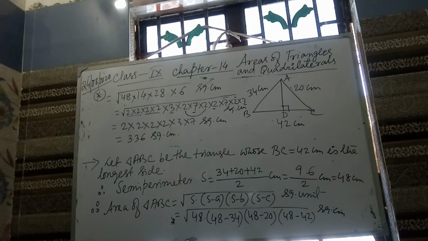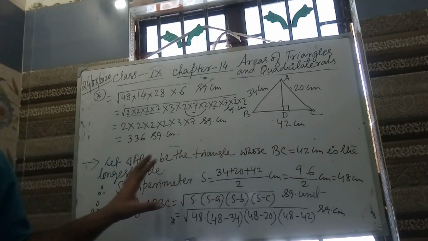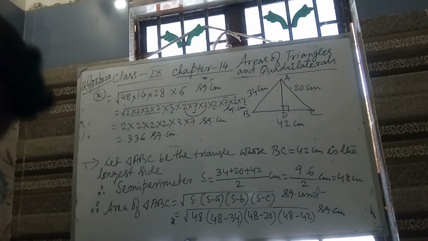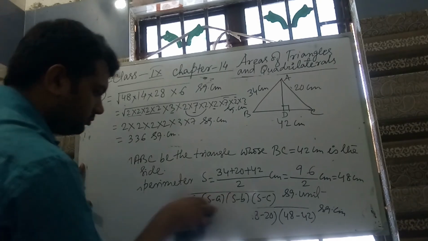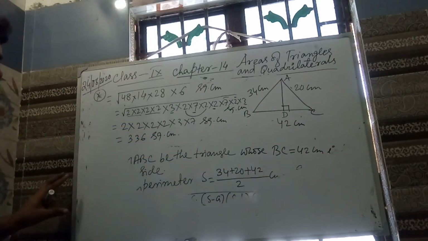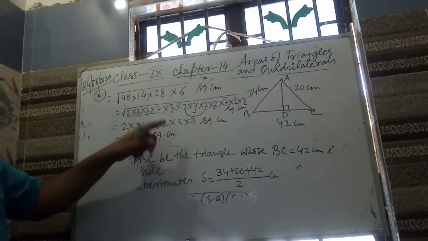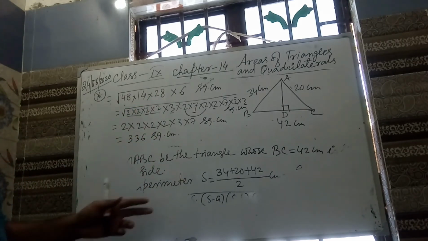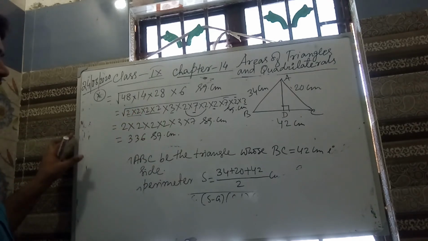I think this part you have already written up, so I am rubbing it up. Up to this step, is there any doubt? Just find out the semi-perimeter, then use the formula to find out the area. Area is 336 square centimeter.